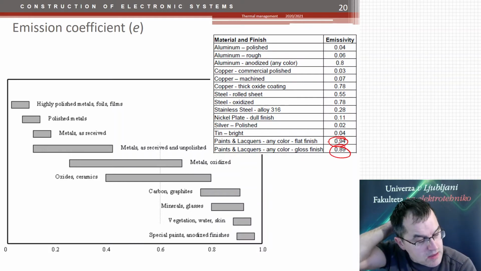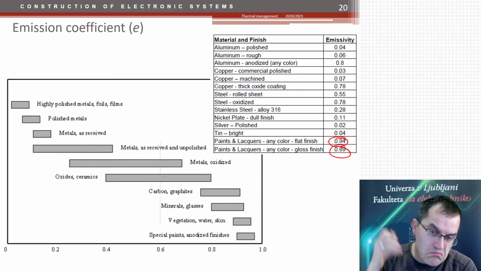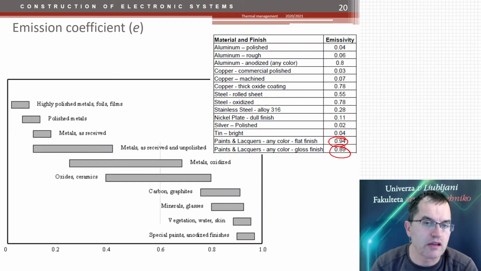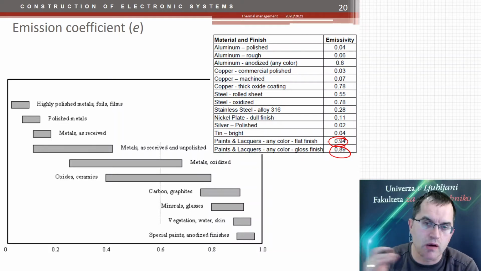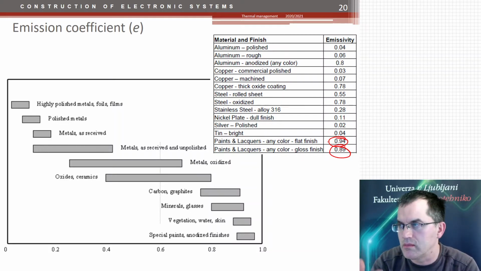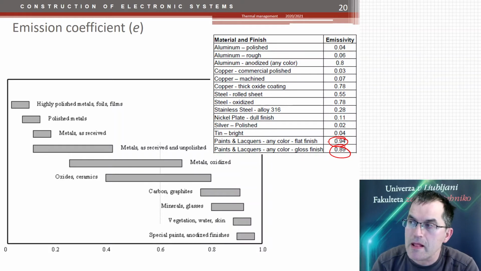And these values are quite often seen on surfaces of electronic devices because they are covered with some color, like paint or whatever. Well, the thing is that there are many metallic surfaces as well, such as aluminum or copper areas, and there your emission coefficient could be really low.